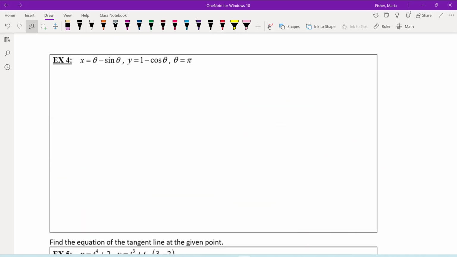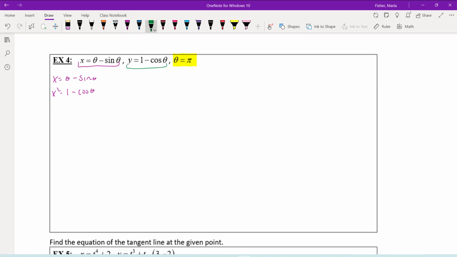Let's do it again for example 4. I need to find dy/dx, the second derivative of y with respect to x, and then find the slope and the concavity at the given parameter of theta, and in this case that's going to equal pi. So this is my x. If I take the derivative of x, I get that x prime is equal to 1 minus the cosine of theta.